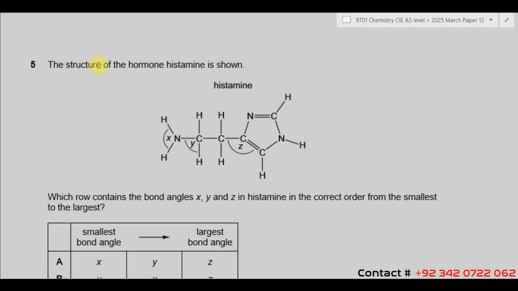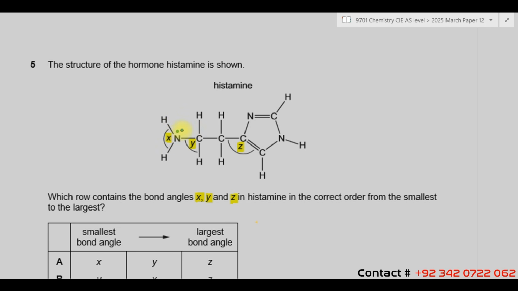Question number 5. The structure of the hormone histamine is shown. This is histamine. Which row contains the bond angles X, Y, and Z in the correct order from smallest to largest? Let's find out about X, Y, and Z bond angles. Now starting with X, we can see we have nitrogen. Nitrogen is making 3 single covalent bonds. Nitrogen belongs to group number 5 of the periodic table.